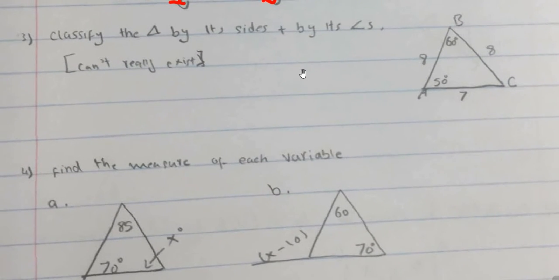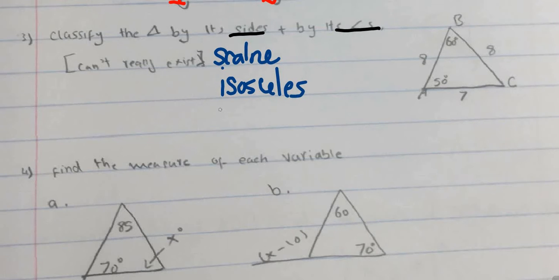Okay, it says classify it by its sides and by its angles. Now by its sides, remember there are 3 of them: Scalene, Isosceles, Equilateral.